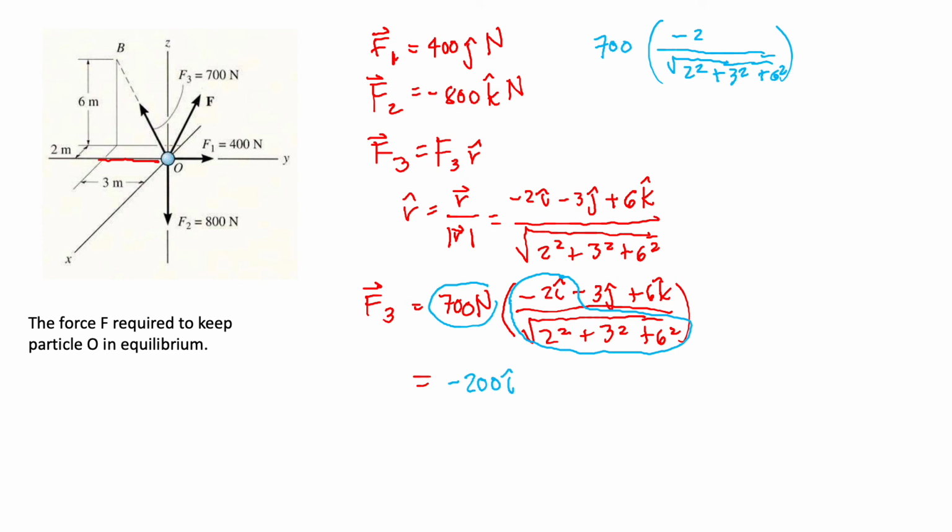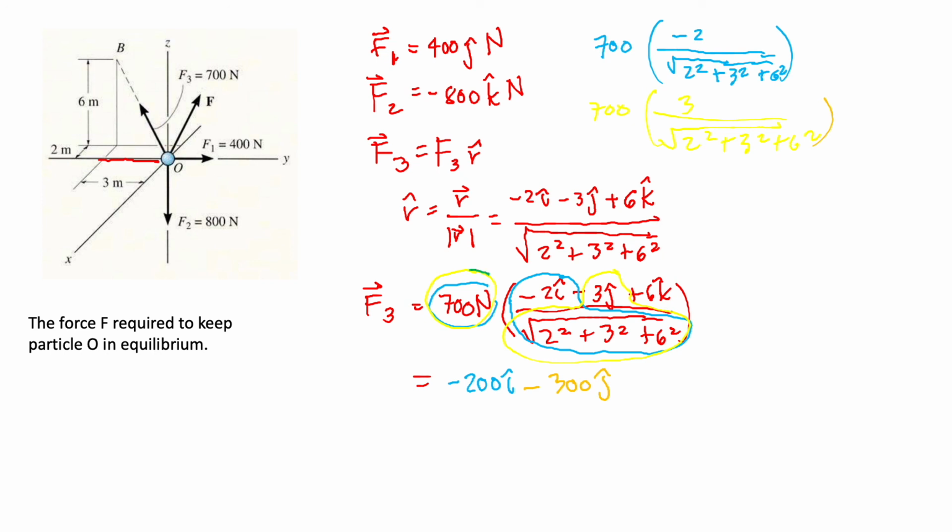The next one is 700 and 3j, so that is 700 times 3 over this whole thing, 2 squared plus 3 squared plus 6 squared. So this is minus 300 j hat.